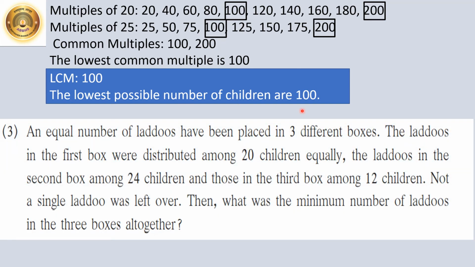Now let's move on to question number 3, word problem. An equal number of laddus have been placed in 3 different boxes. Students, there are 3 boxes and how many laddus they have placed? We don't know the exact number. The laddus in the first box were distributed among 20 children equally, the laddus in the second box among 24 children and those in the third box among 12 children.